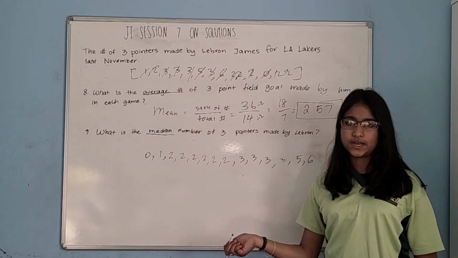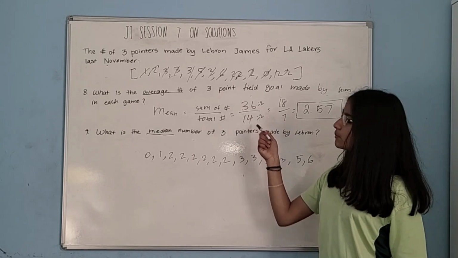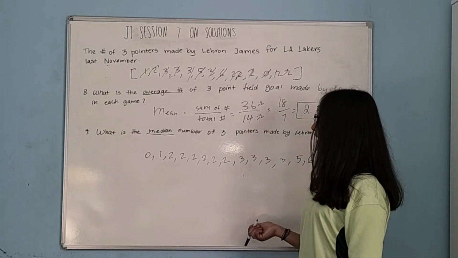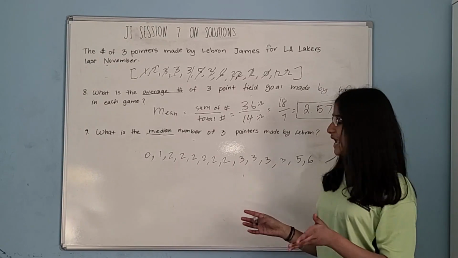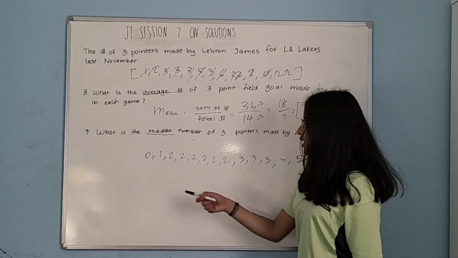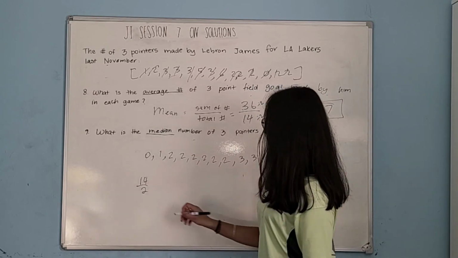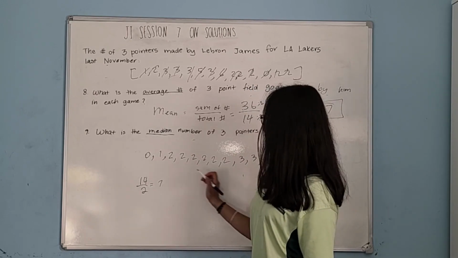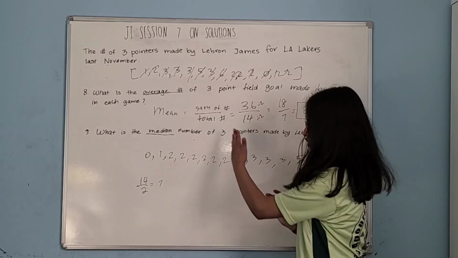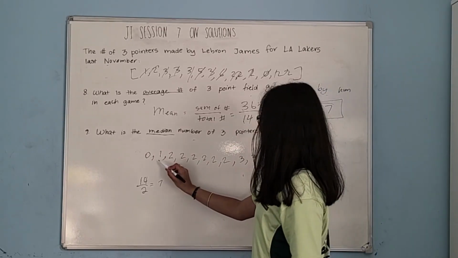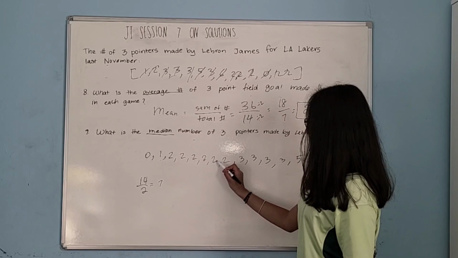Now we can find the median number. We already know that the total number of numbers is 14, and since it's even, we just have to find the average between the two middle numbers. Now, when you divide 14 by 2 to find out where you can split it, you know that it's 7. So after 7 numbers, you're going to put the line to show that that's the middle. 1, 2, 3, 4, 5, 6, 7.